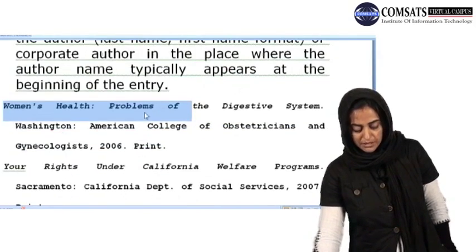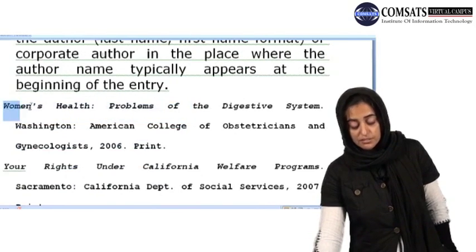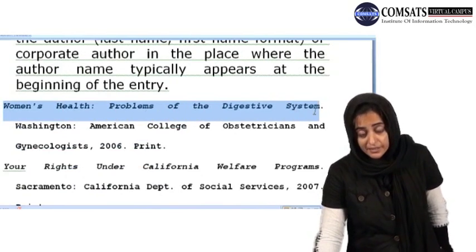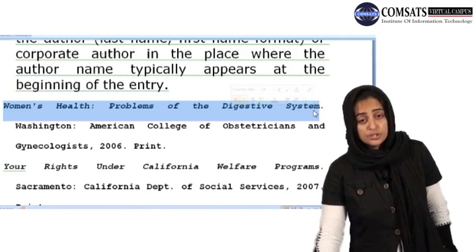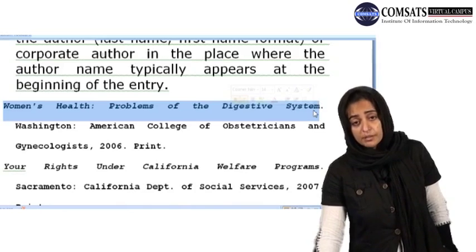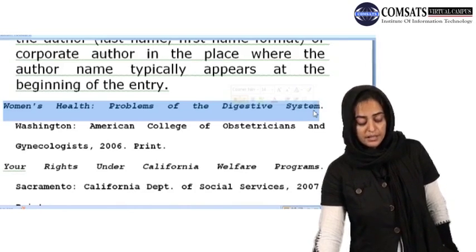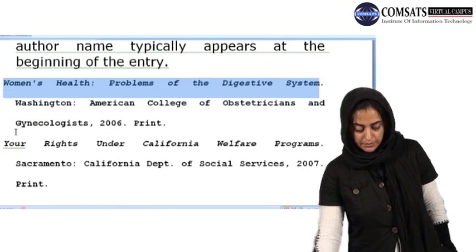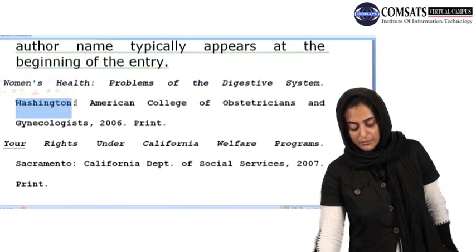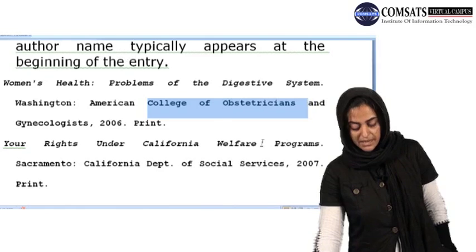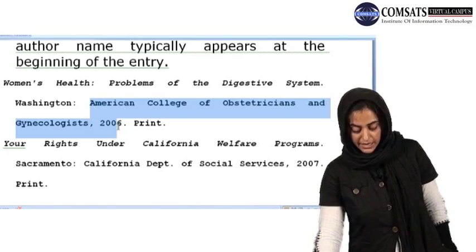Over here, Women's Health, Problems of the Digestive System, this is the title of the pamphlet, not that of the corporate author, not that of the commission, not that of a particular group of people for which you are trying to create this reference. After it will be coming up the city of publication, then will be coming up the publisher's name, American College of Gynecologists, 2006 and print.